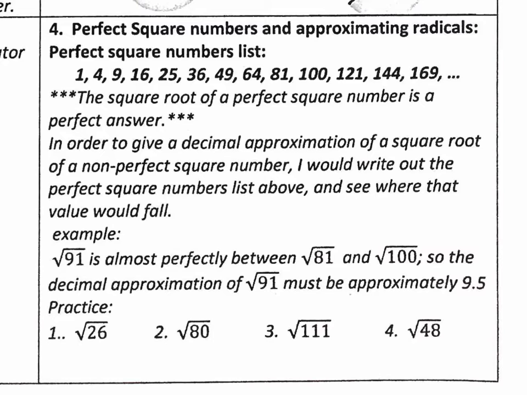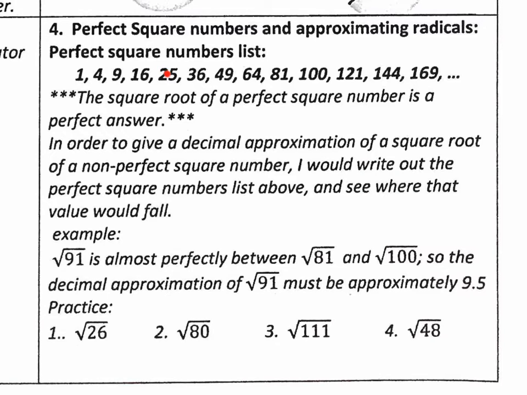Now, when you don't take the square root of one of these, you end up with what we call an irrational number, a crazy decimal that doesn't repeat, that continues forever, right? Doesn't have a pattern. So if I said the square root of 26, that's going to be a crazy decimal.